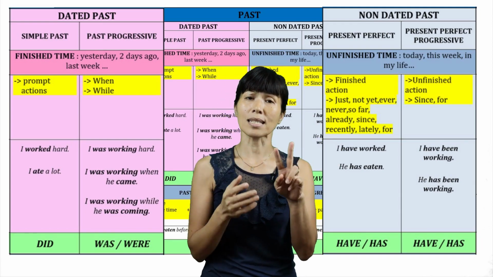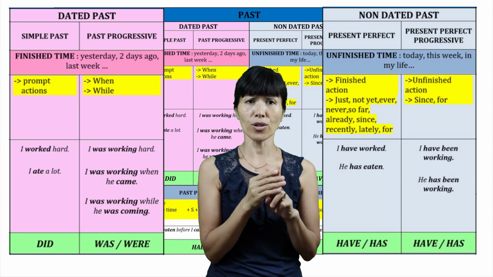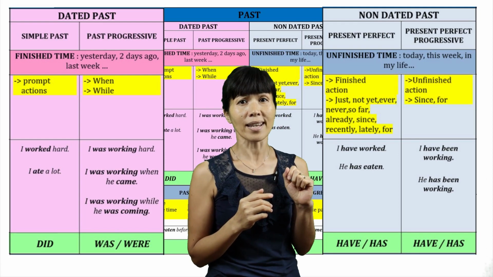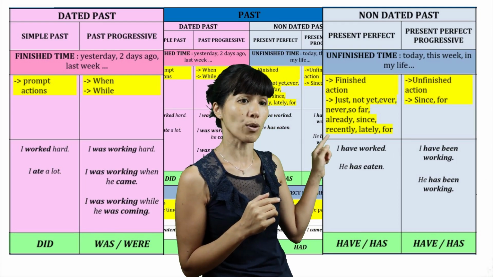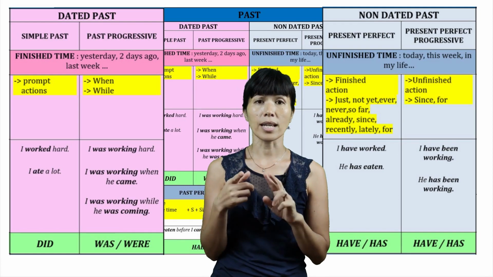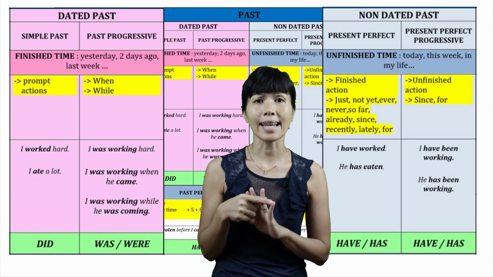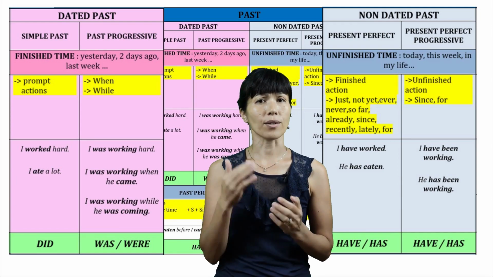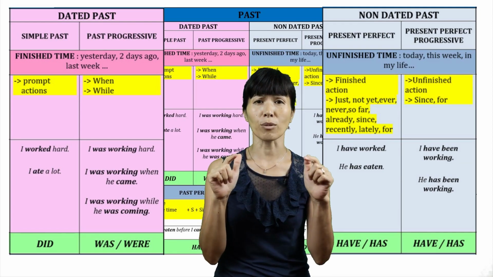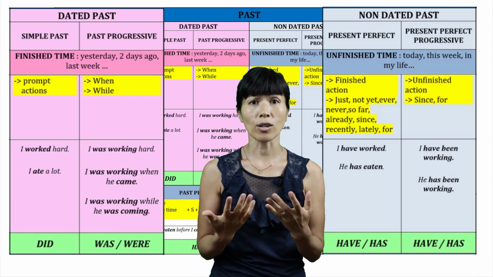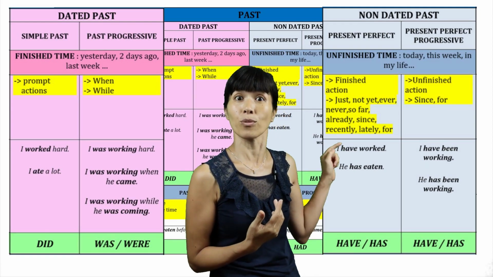Now, the second reason for the use of present perfect will be the little words that I have indicated in the box of the present perfect. Those little words are just, never, recently, lately, so far, since, for, and I think there are others. If you take a closer look at my chart, there are other little words that would tell you, hey, use the present perfect here.